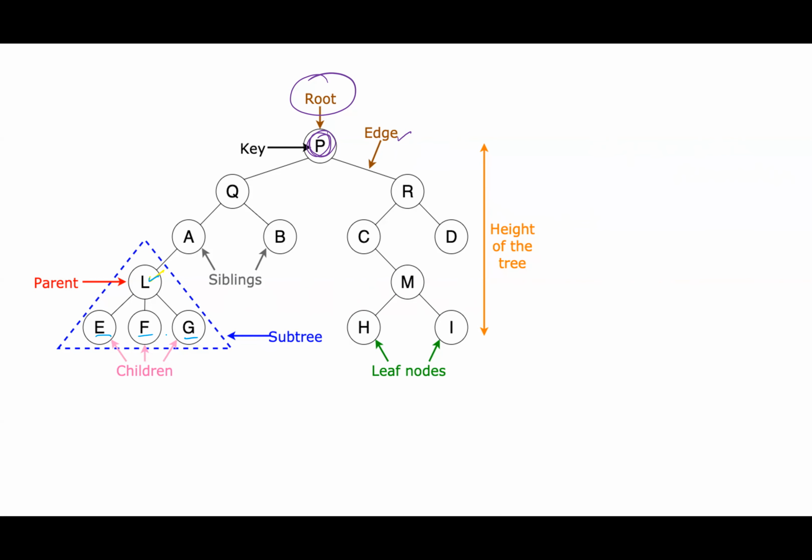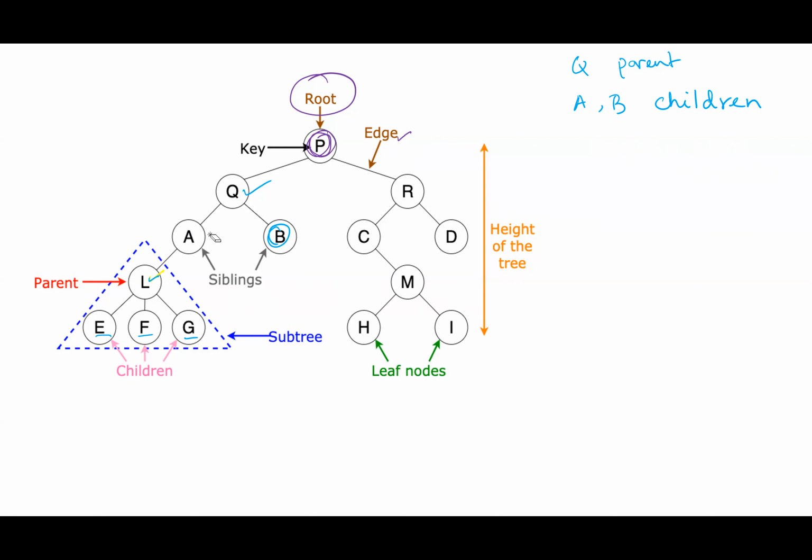So a node may have links to one or more nodes, which we call the children. So here, L is the parent, and E, F, and G are the children. Similarly, if Q is the parent, then A and B are the children.